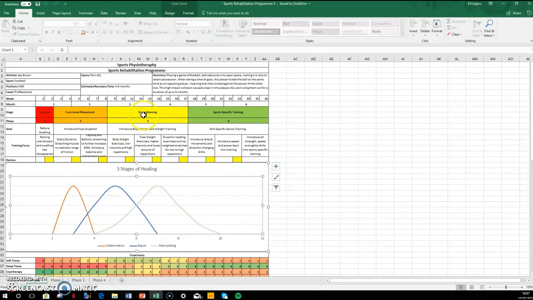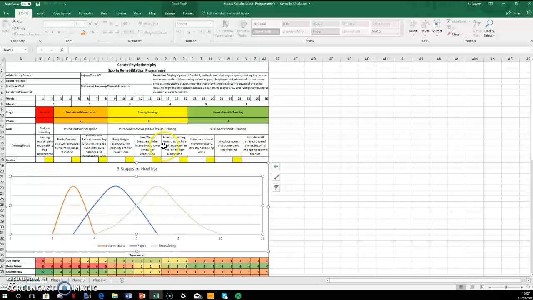In the strengthening phase, your training focus is body weight exercises at low intensity and a high number of repetitions.